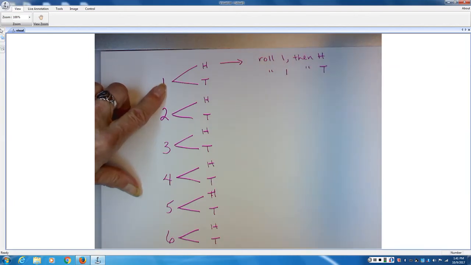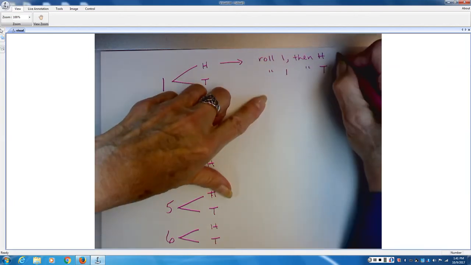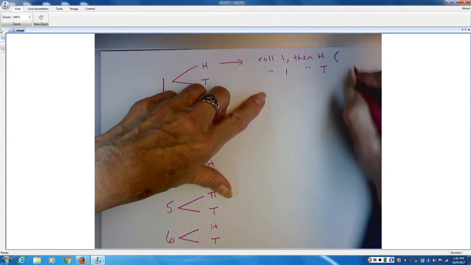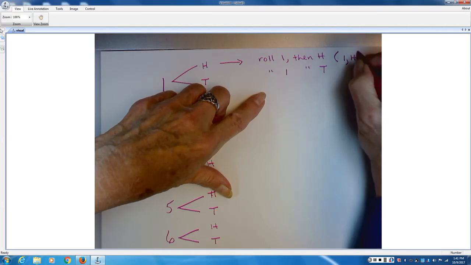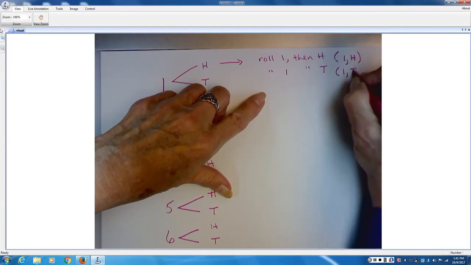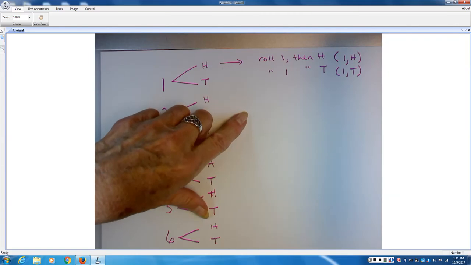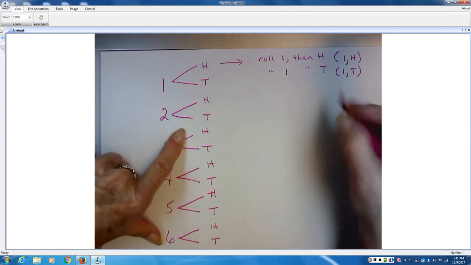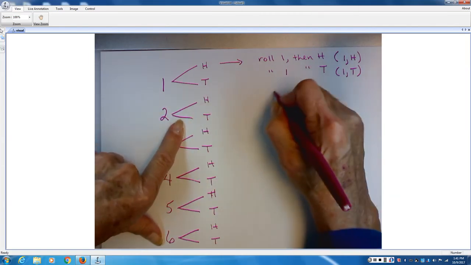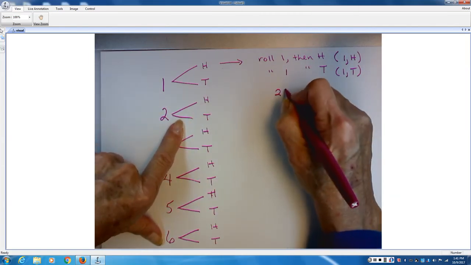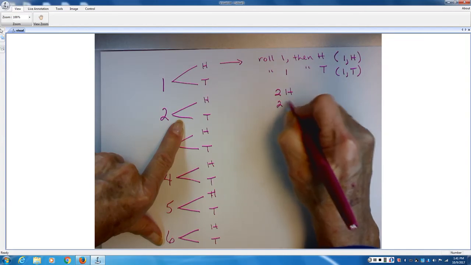And an easier way to write that would be using my sample space notation, 1 comma H and 1 comma T. That's the way you would actually want to write your outcome so that you could tell what was happening when. So then this would be 2, then a head, 2, then a tail.